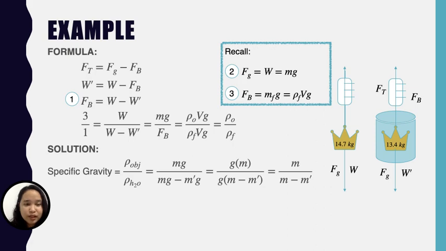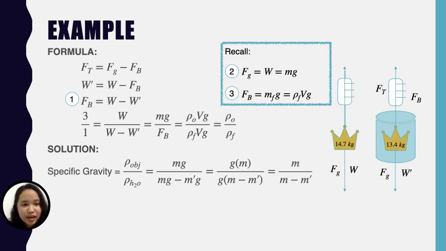Your W is just your weight, right? So we can equate that to mg over mg minus m prime times gravity. That m prime, if you remember from our given, is your mass when it is submerged in water.